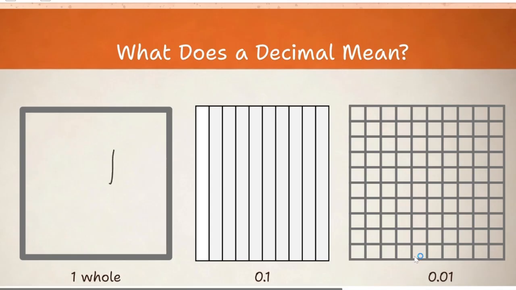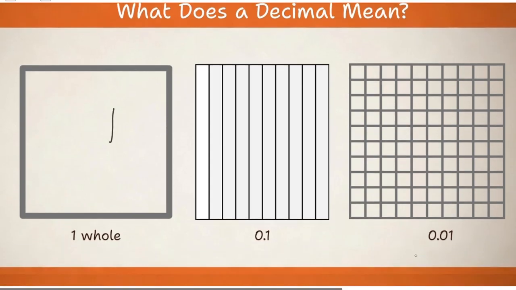This is one whole. When it is divided into 10 equal parts, then each part is 1/10 or 0.1. So this part here is 1/10. This part is 1/10. This is 1/10. So each part is 1/10.